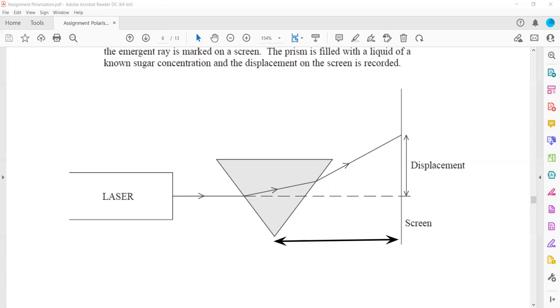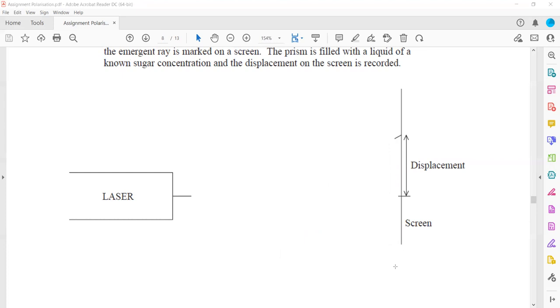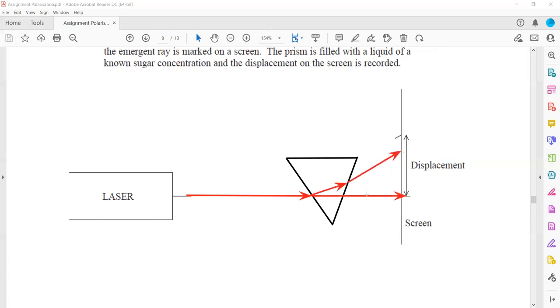For example, if the prism was placed nearby, then the displacement for the same concentration will be different.